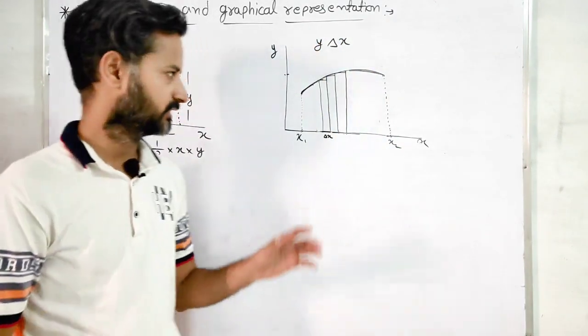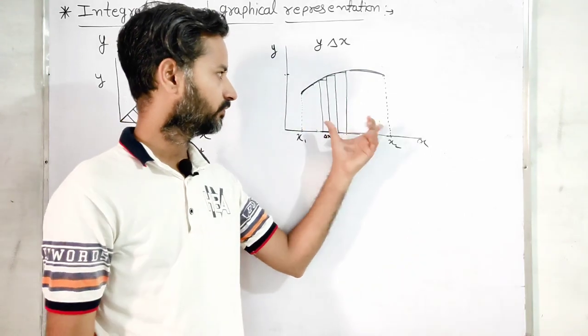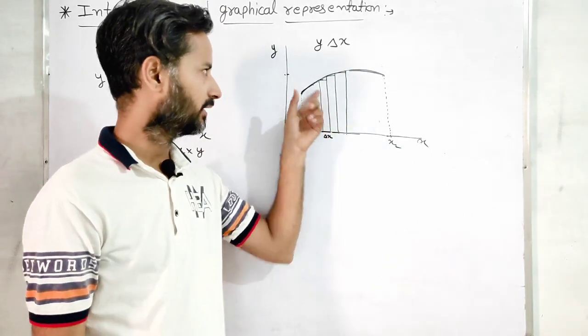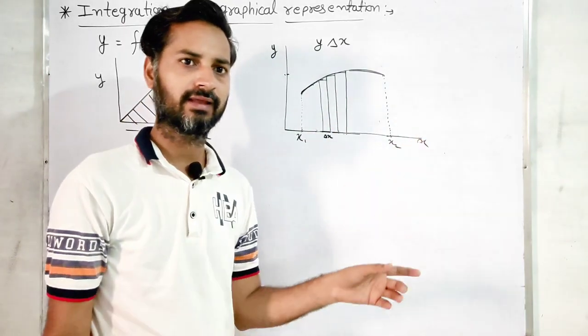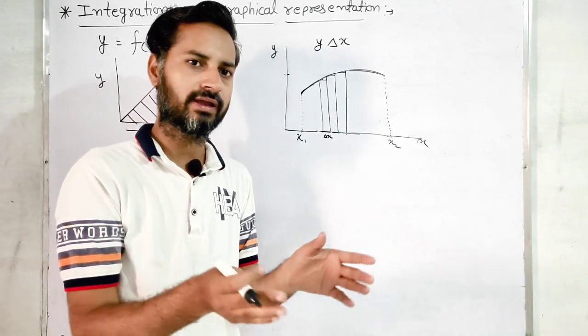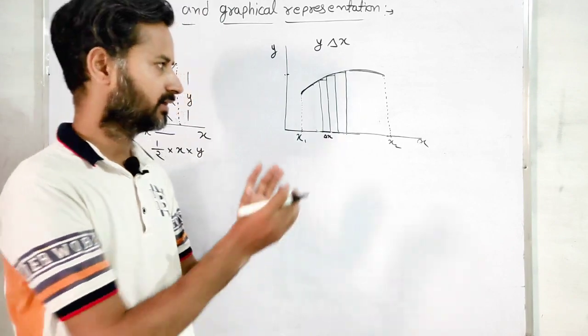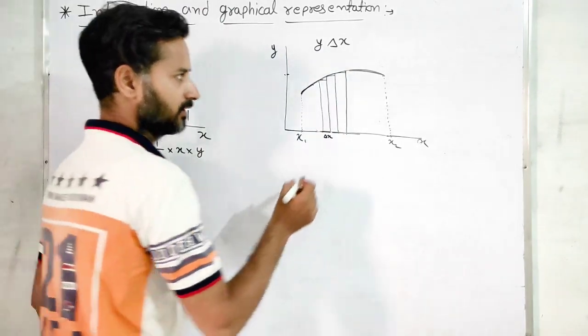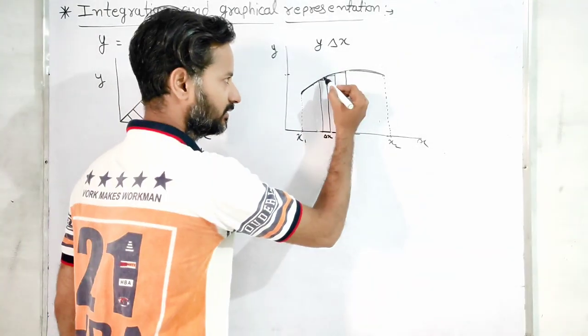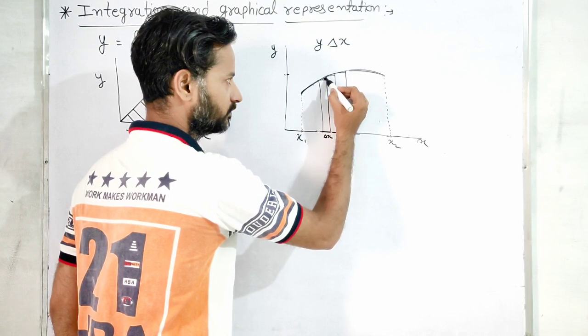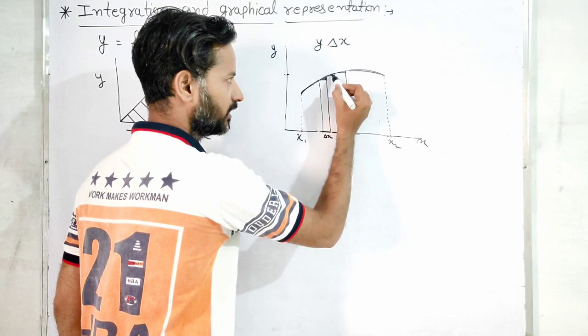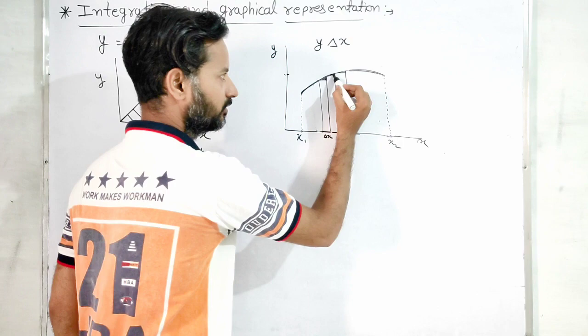If similarly we divide the whole area into rectangular strips, then by adding the areas of all strips, we can find the complete area. But in this process, some area will be left, like this area and this area.